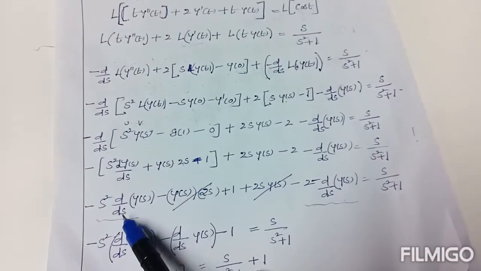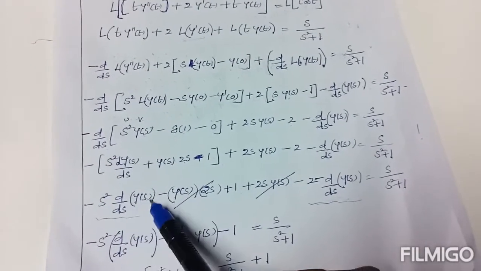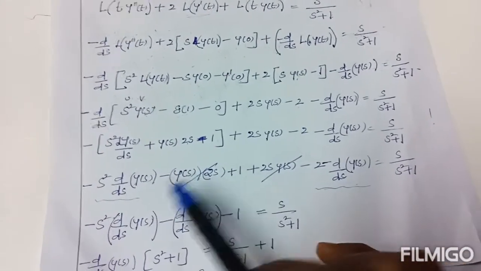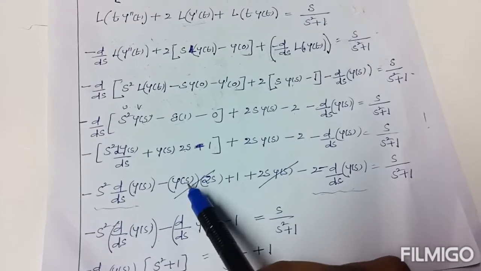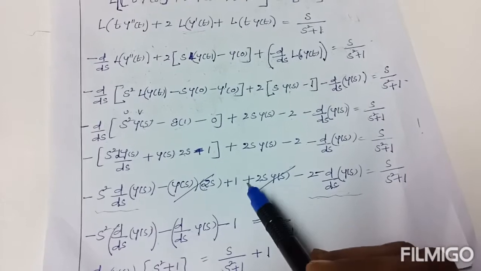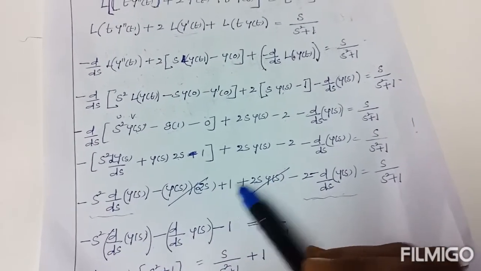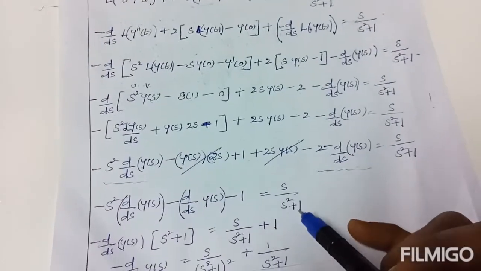After that, here these two, the last and the first, have the same terms, d by ds of y of s. First you should write both terms at one place. After that, y of s and 2s y of s are the same with opposite sign, that's why they will get cancelled. After that, 1 plus minus 2 is minus 1 equal to s by s square plus 1.